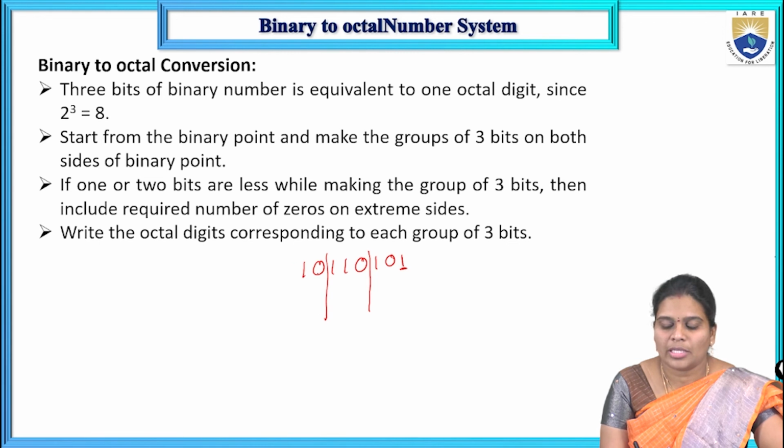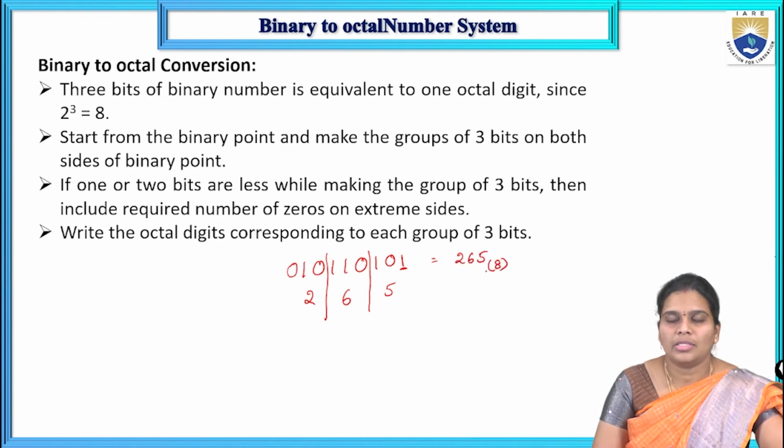Next we have only 2 bits, so we add a 0. Now I write the equivalent values: 101 is 5, 110 is 6, 010 is 2. So 265 is the resultant value. This is the equivalent octal number.